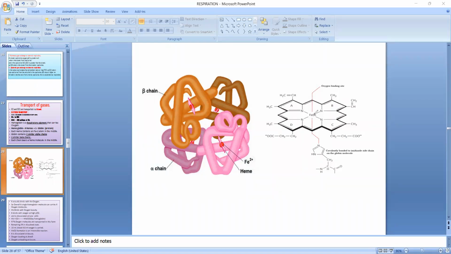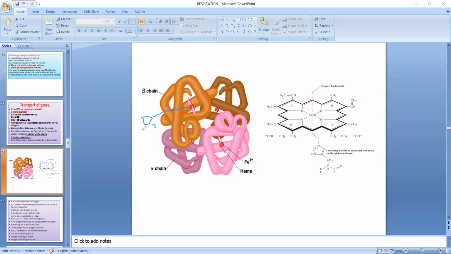And you should remember one heme contains one iron. One iron can bind with only one O2 oxygen molecule, not atom. So how many hemes are there? Four hemes are there, so each heme binds with one.